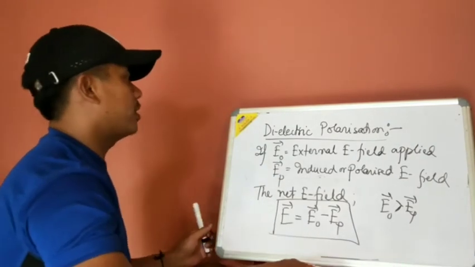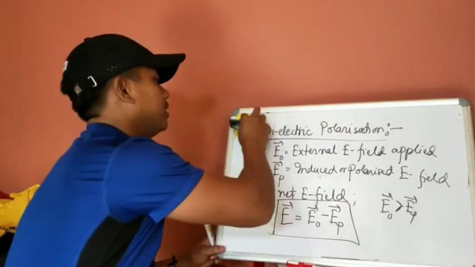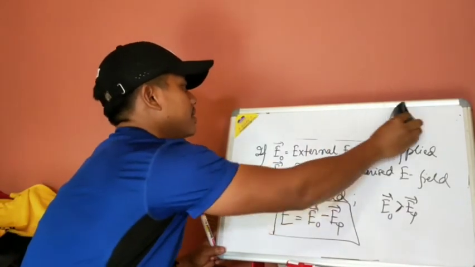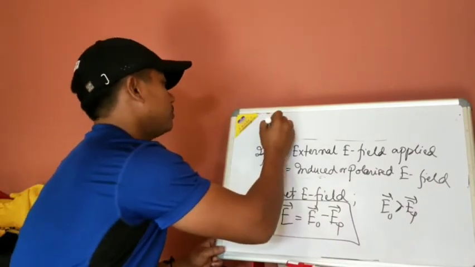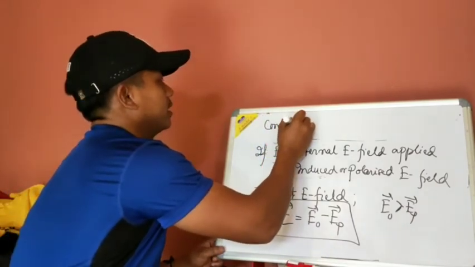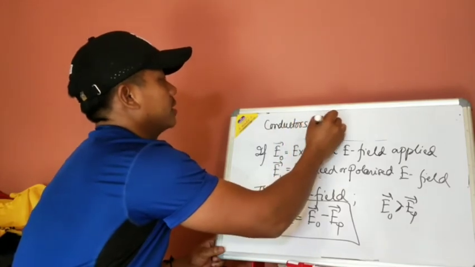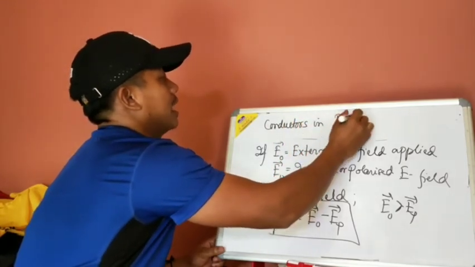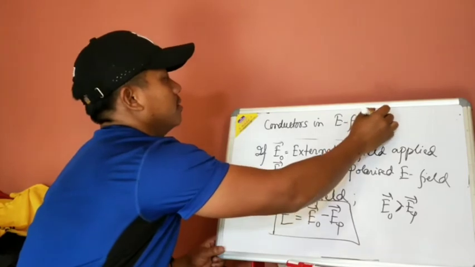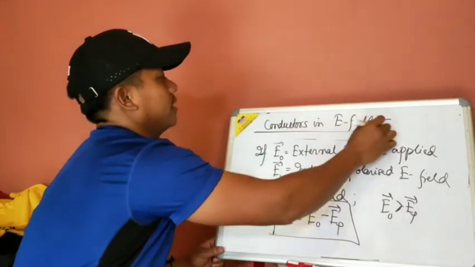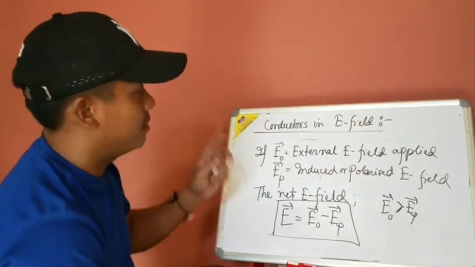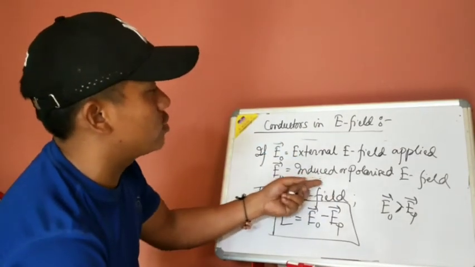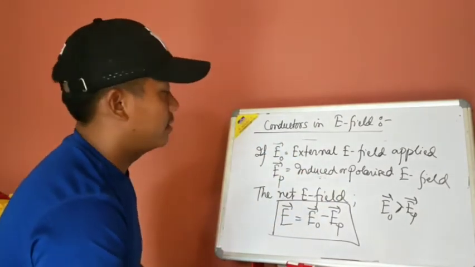However, consider conductors in an electric field. Where lies the difference? The external electric field will be the same, and the induced or polarized electric field will be the same.